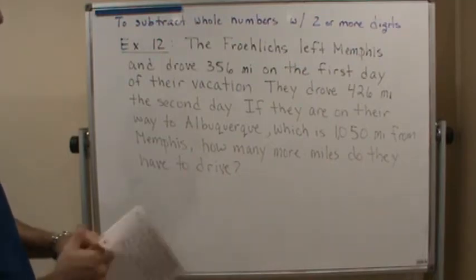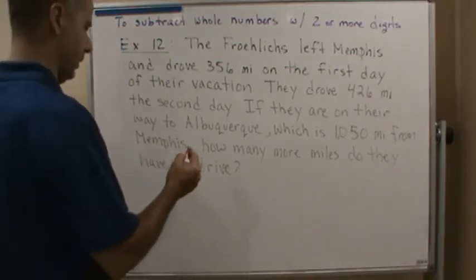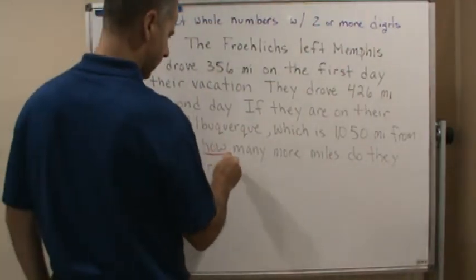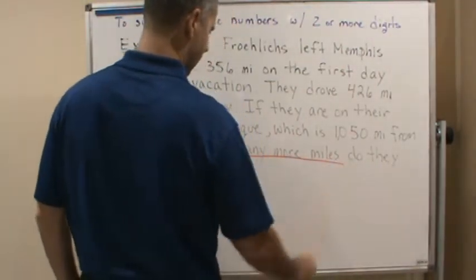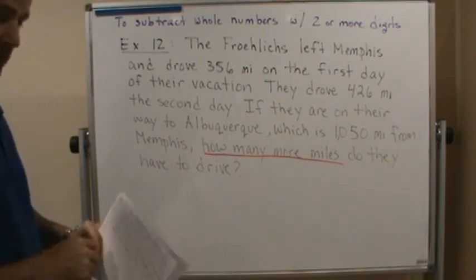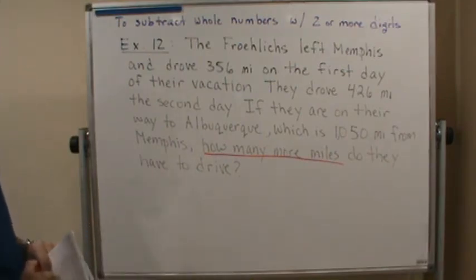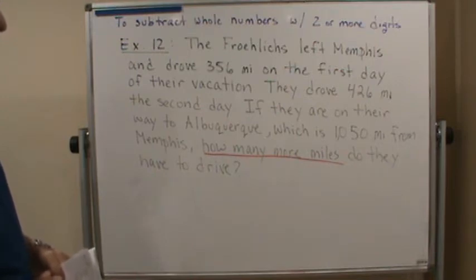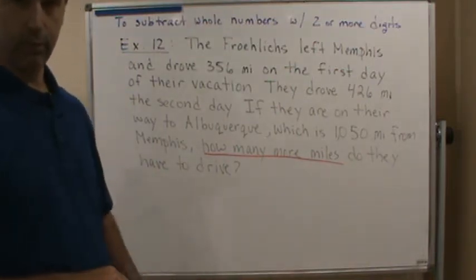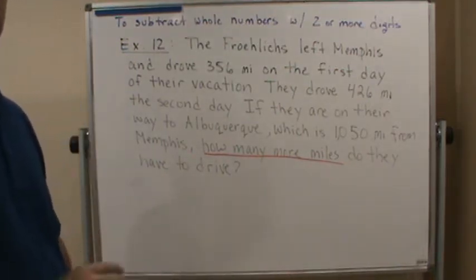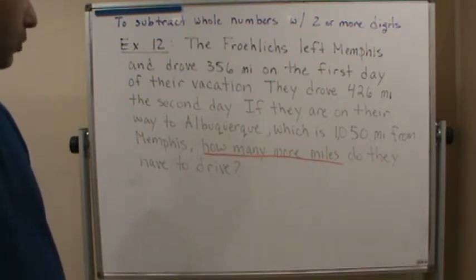Now notice that the phrasing here, how many more miles, indicates that we're going to be doing subtraction. There's also addition involved in this, so we're going to have to add and then subtract.